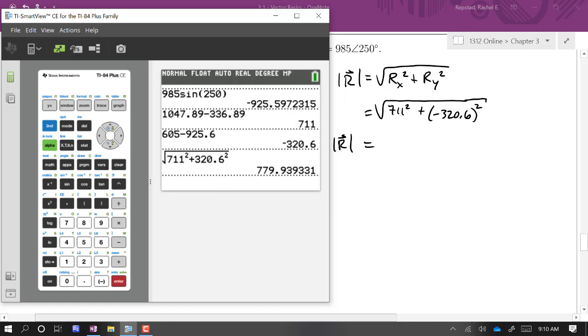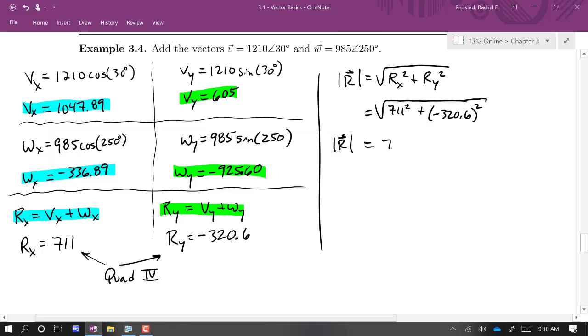So that gives us 779.94. And now to get the direction, we're going to first find that reference angle. So the reference angle is arctan of, and I'm going to put the Y component over the X component, making sure everything's positive. So positive 320.6 over 711.